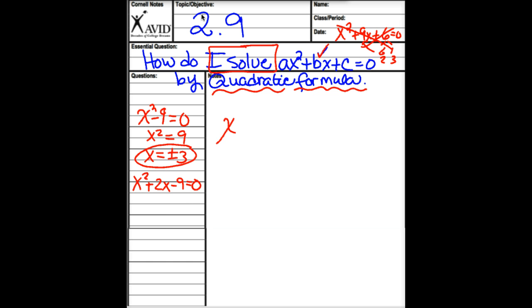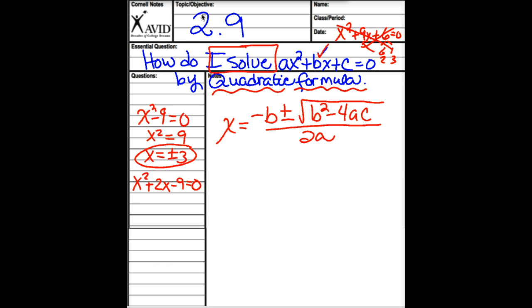The solutions, which would be x, are equal to, and this gets sung to a song. Sorry, but I got to sing it to you. It goes, x equals negative b plus or minus the square root of b squared minus 4ac all over 2a. Yes, I know. I hear you clapping. It was just lovely.